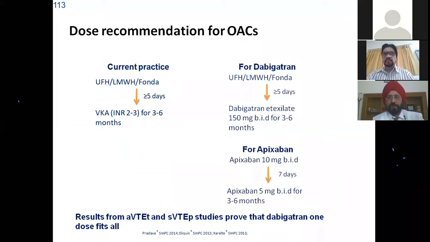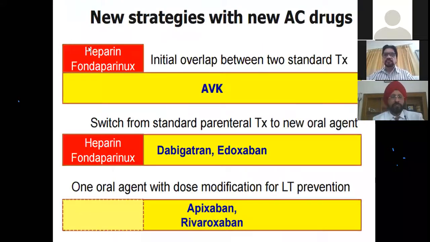And similarly for apixaban, you can do that. So again, just making that a little clearer. Heparin followed by earlier vitamin K antagonist, and now with the oral anticoagulants after 5 days, or straight away with the oral anticoagulant rivaroxaban.